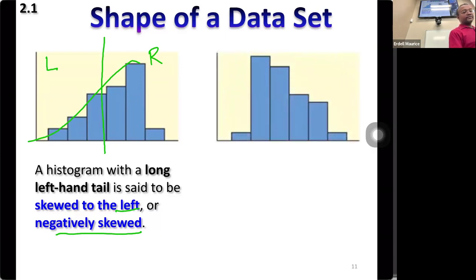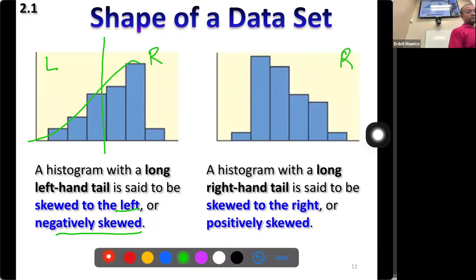When the tail is on the right side, the plus right here, is said to be positively skewed or skewed to the right. Generally, those are the three I want you to remember: your mound or your symmetric graph, skewed to the left, or skewed to the right.